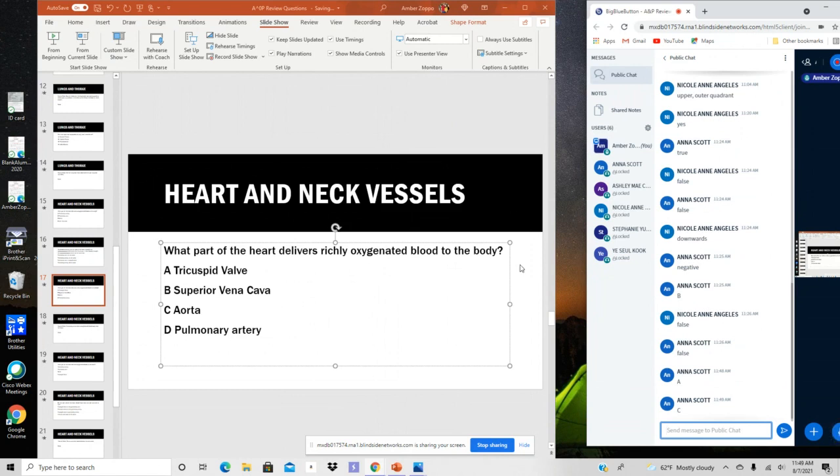It's not the tricuspid valve because where's the tricuspid valve? Between which atria and which ventricle? Is the tricuspid valve on the right or the left? Right. The mitral valve, like we had in the last question, is on the left side, but the tricuspid valve is on the right side.